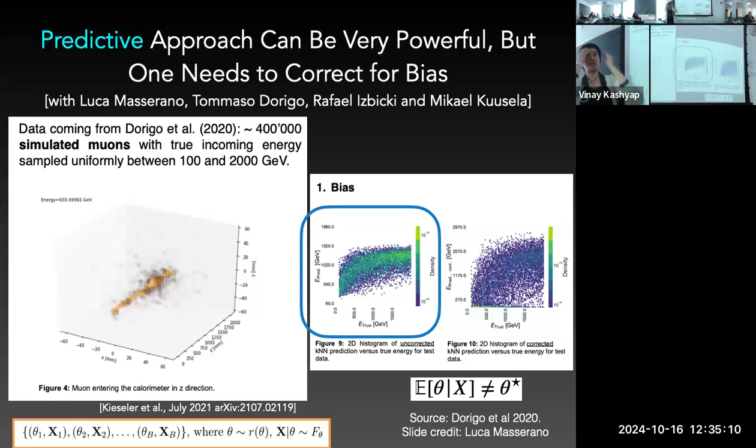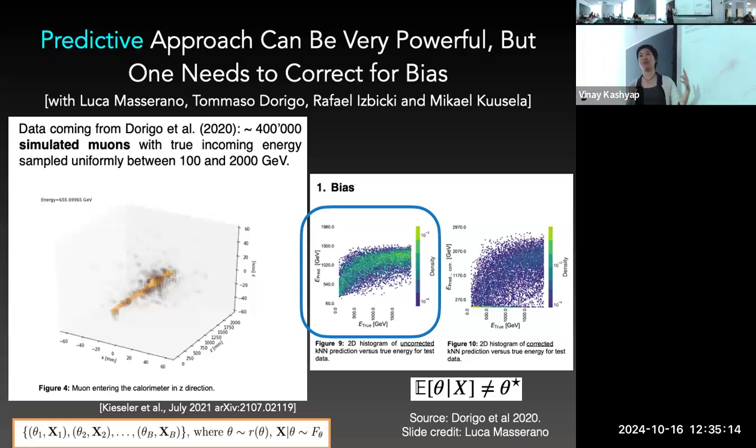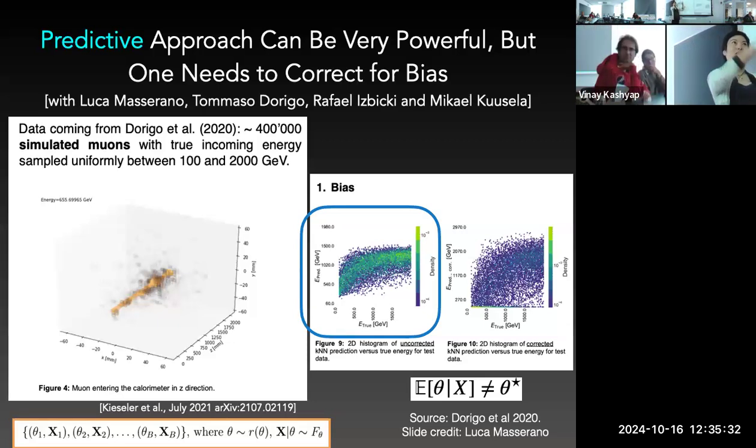From the simulations, we have maybe 100,000 or 500,000 simulations. But what we want to measure is the energy of the muon or its momentum, and we have one measurement, the calorimeter in 50,000 cells. So there's a new energy, and another one. You can think of it as sample size one.